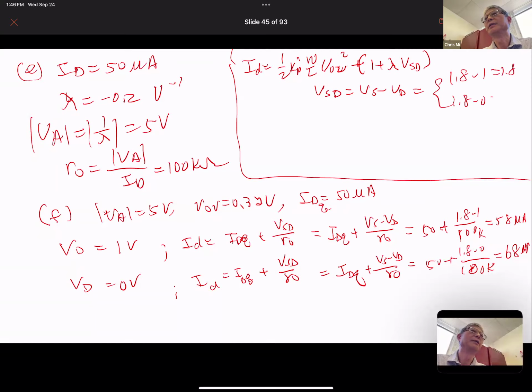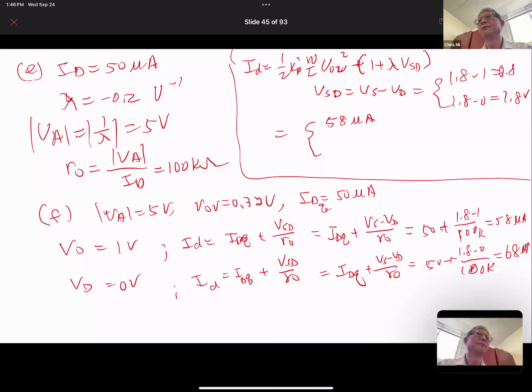So you plug in these two numbers, and you'll find you get exactly the same. For the top one, you get 58 microamps, and for the bottom one, you get 68 microamps.